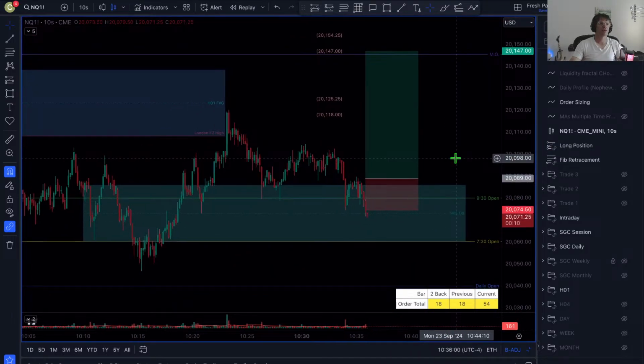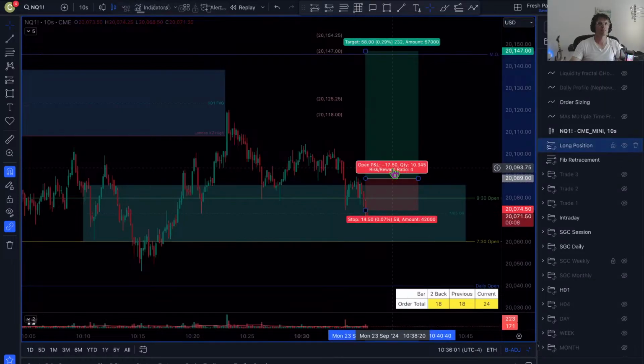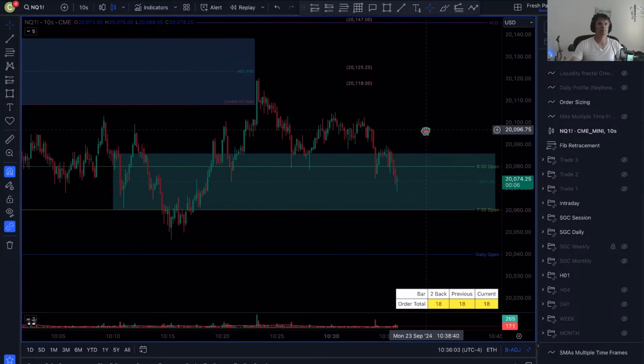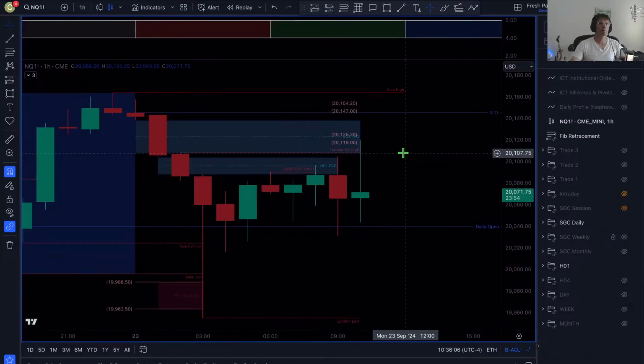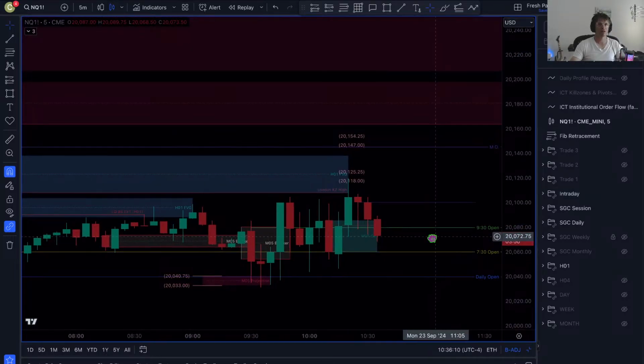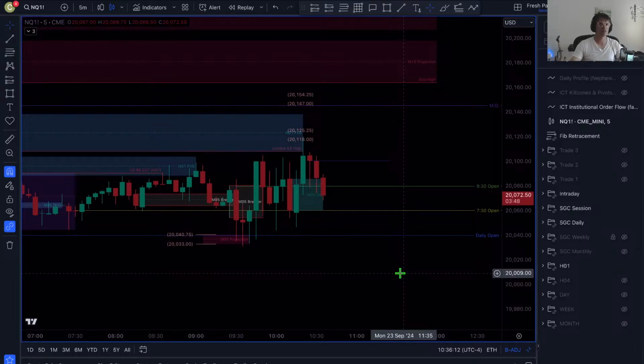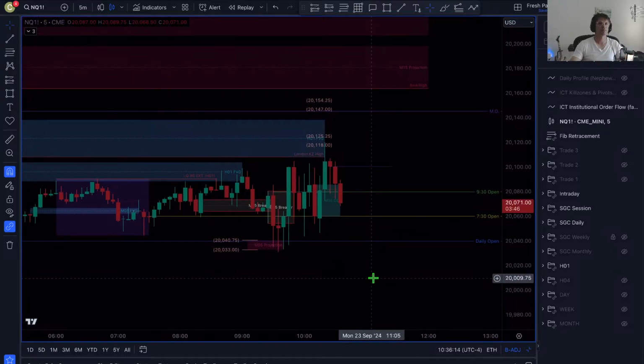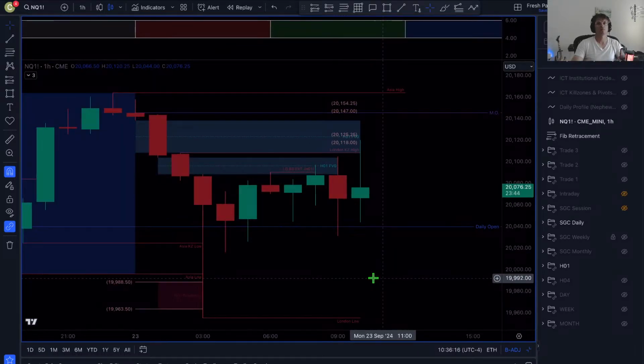Yeah, so there's another liquidation. 5 minutes getting back down. It's just that close under London kill zone is what bothers me. And the hourly, it's a fair value gap there.